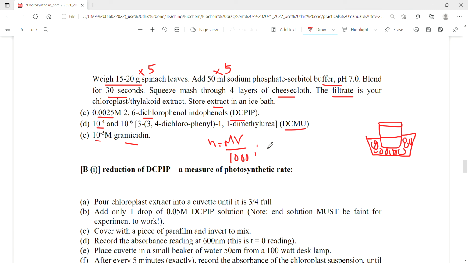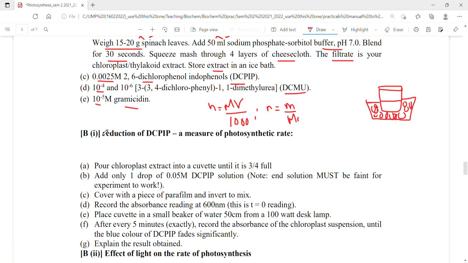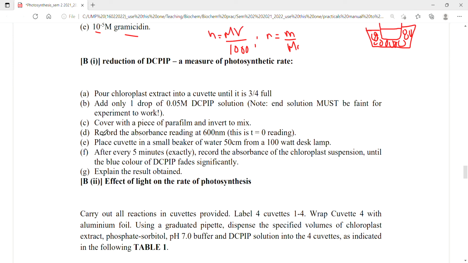I'm not going to go into detail because there's another video for that which you would have seen by now. Now we're going to do the reduction of DCPIP and measure the photosynthetic rate.